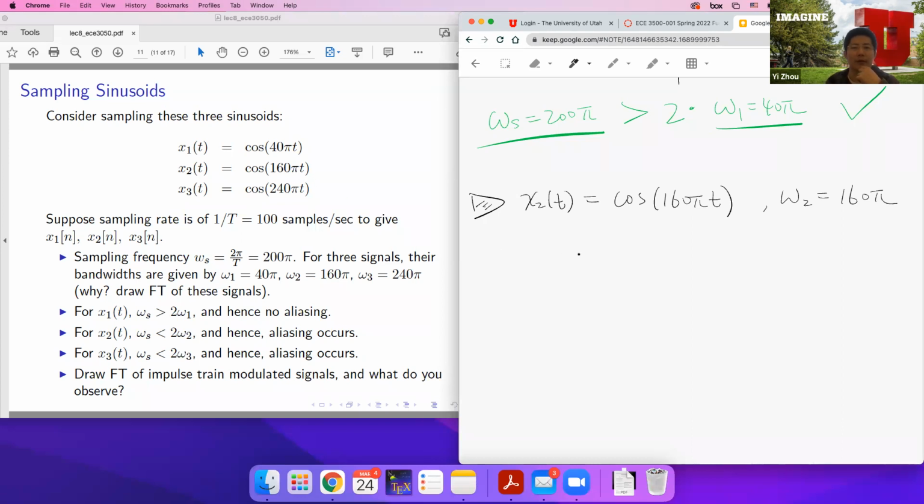First of all, you can apply the Nyquist criterion to draw the conclusion.